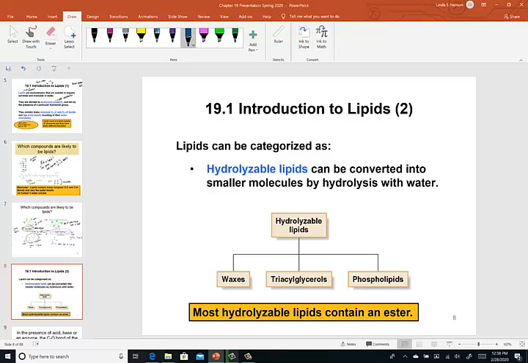The first of the two is hydrolyzable lipids. Hydrolyzable simply means can be separated into smaller molecules by adding water.